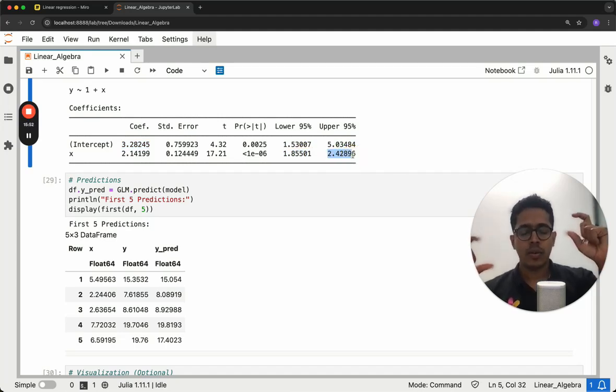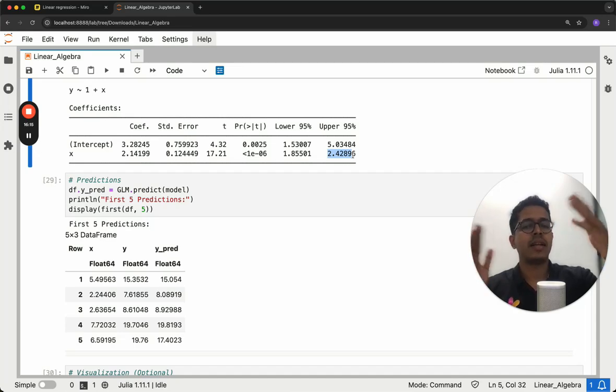What that is saying essentially is that in 95% of the cases, the slope will lie between 1.85 and 2.42 if a new set of 10 data points are generated from a very similar kind of distribution.